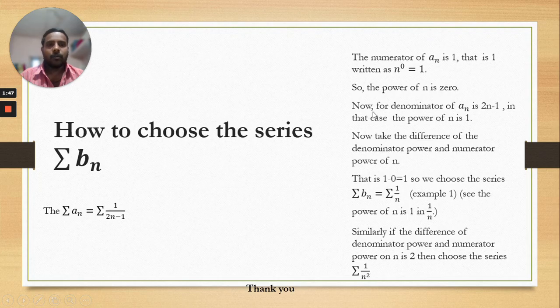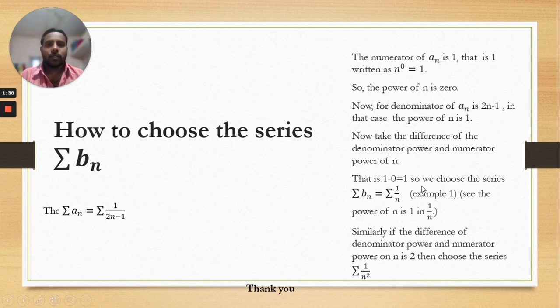Now for the denominator, 2n minus 1, the power of n is 1. Now take the difference of the denominator power and numerator power of n, that is 1 minus 0 is equal to 1.